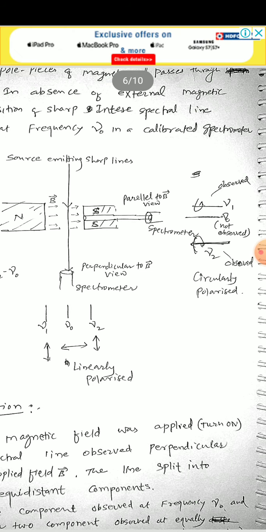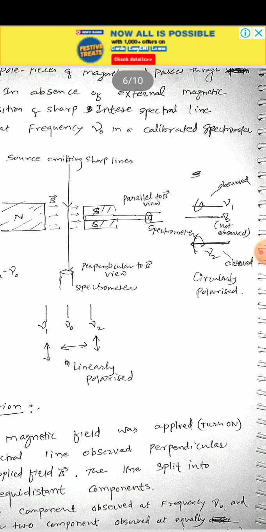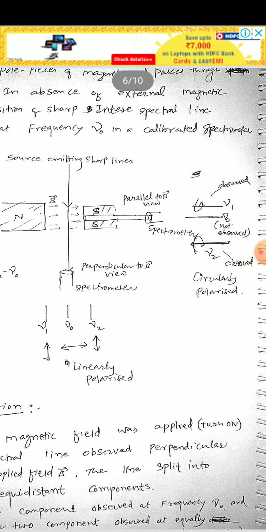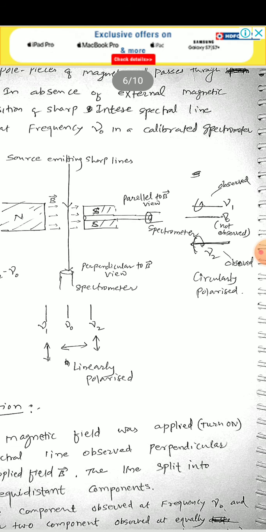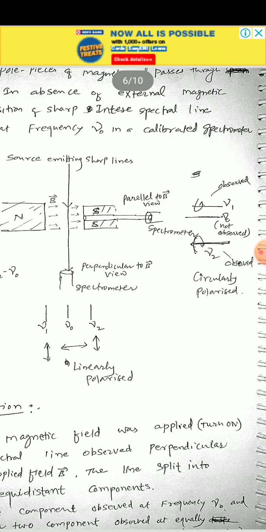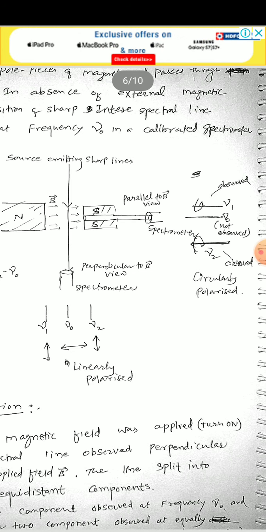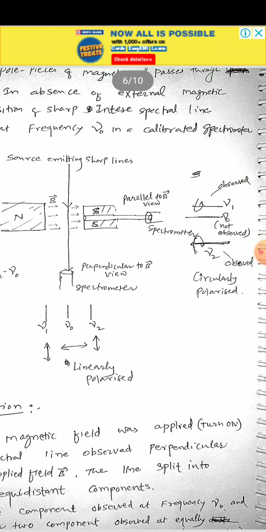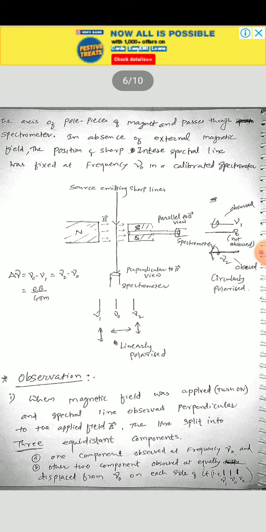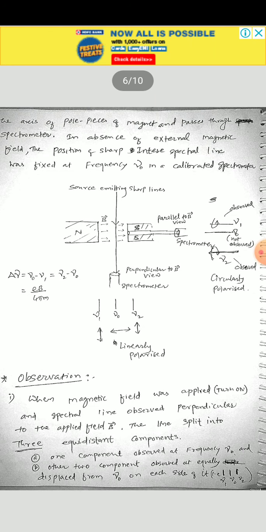In perpendicular view it is linearly polarized splitting lines, and in parallel view the spectral line split-up is circularly polarized. Here nu naught, the original frequency, is not observed, but the difference between nu 1 and nu 2 is 2 times delta nu.